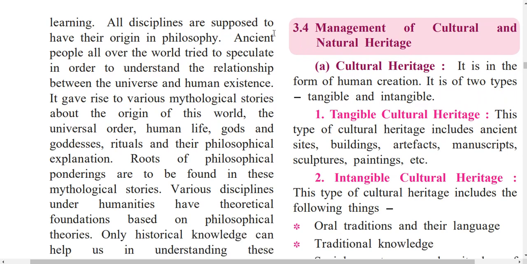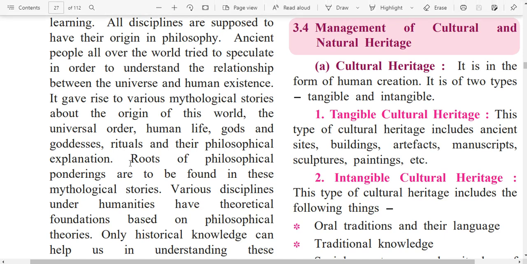All disciplines are supposed to have their origin in philosophy. Ancient people all over the world tried to speculate in order to understand the relationship between the universe and human existence. It gave rise to various mythological stories about the origin of the world, the universal order, human life, gods and goddesses, rituals, and their philosophical explanation.